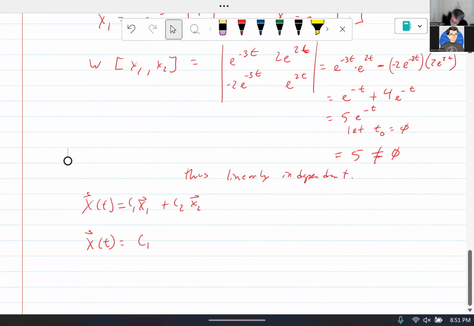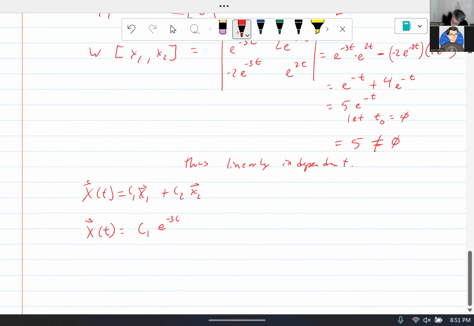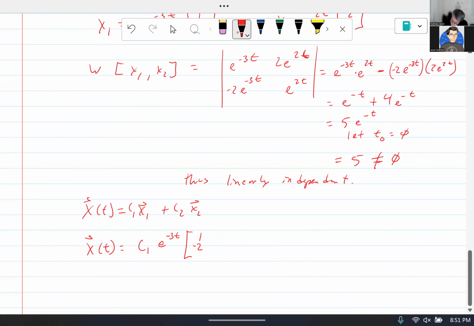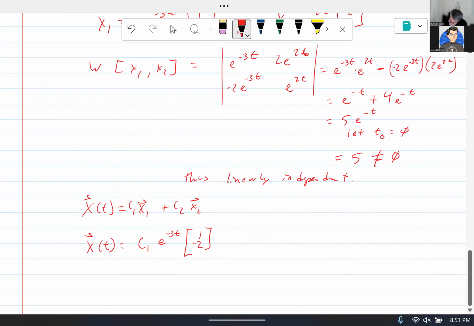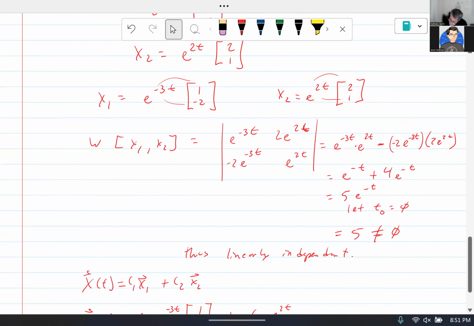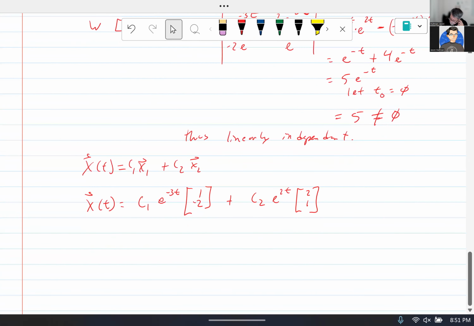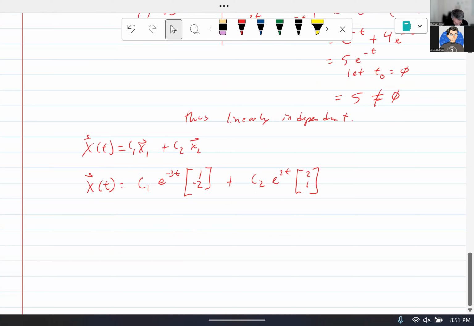It was e to the negative 3t times (1, -2), plus c2 e to the 2t times (2, 1).